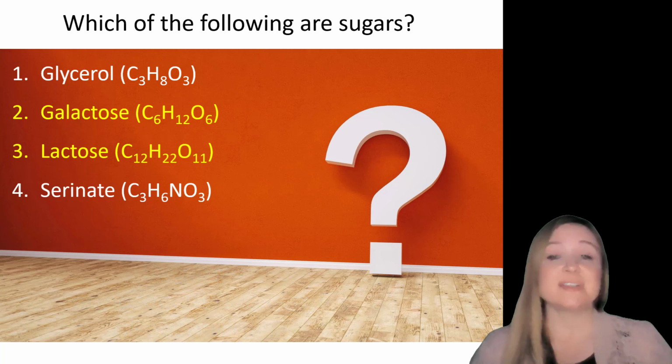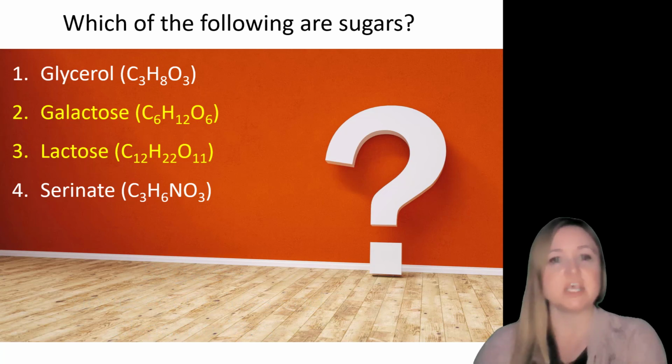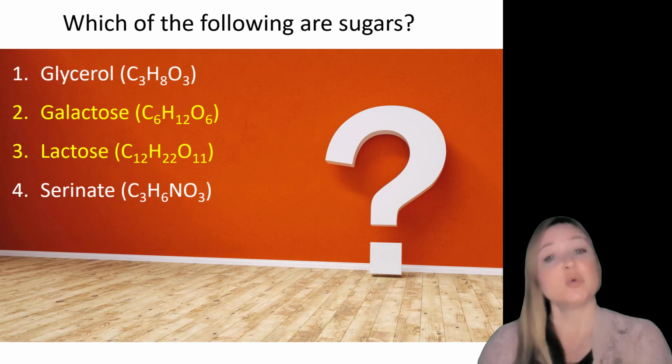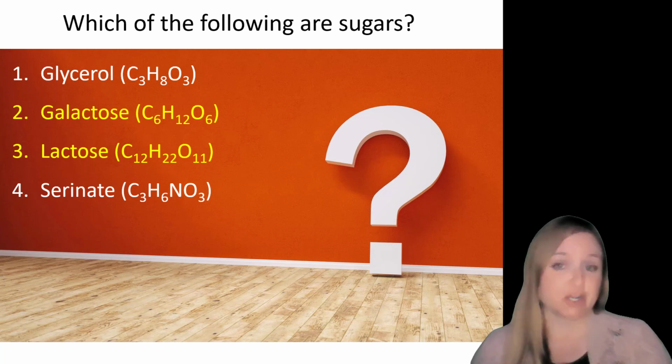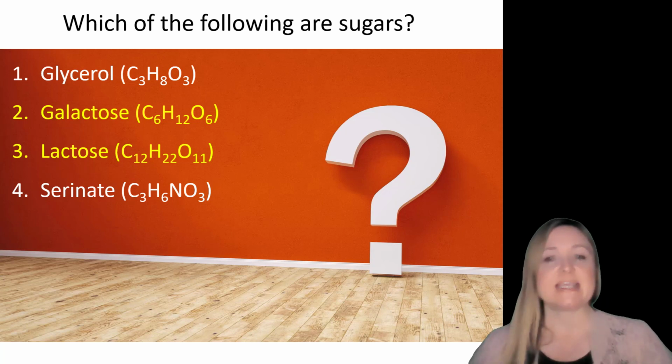So if we were given this question and we didn't have the previous questions to help walk us through it, which of the following are sugars? Well, we have to be able to identify any monosaccharides or any disaccharides. We can do that by looking at the names of these substances because we know that sugars are going to end in OSE, right? Like galactose, lactose, glucose, right? That's a hint that it's a mono or a disaccharide.